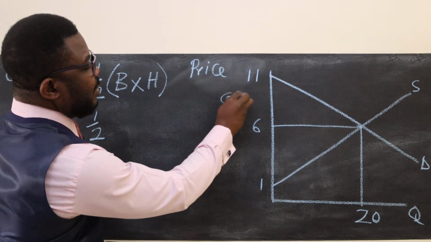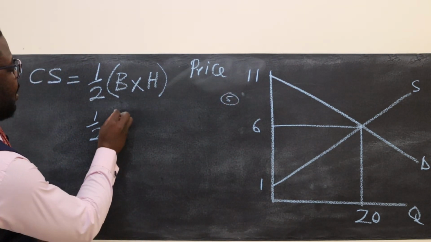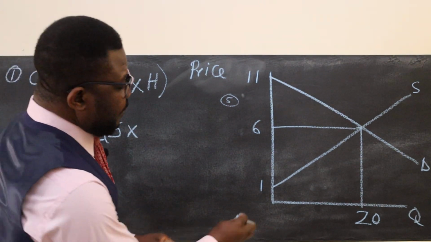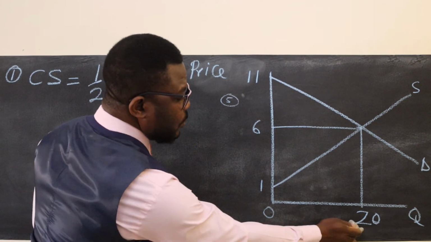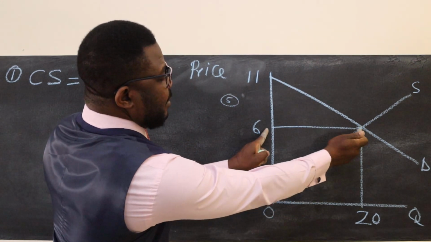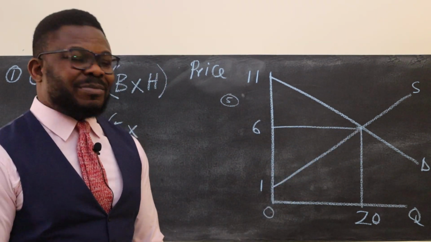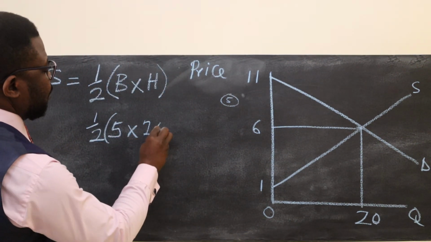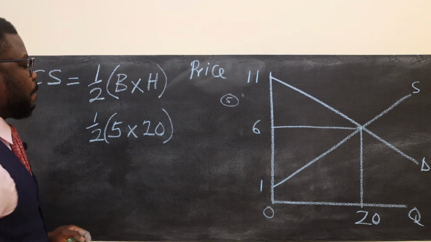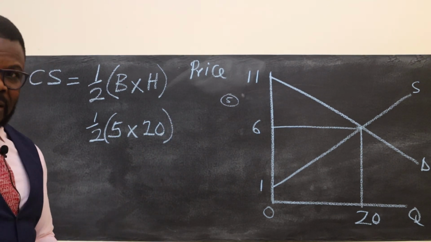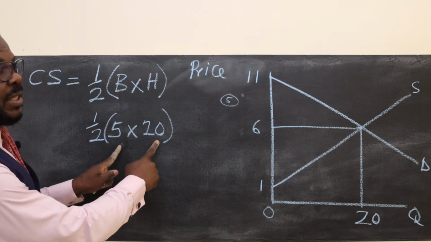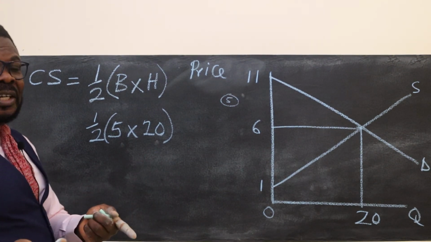I'm going to write the little 5 here. So put the 5 in here, times the height. Well, from 0 to 20, that is the height of your triangle. It's 20. So times 20. You put all your numbers in the formula, and it becomes easier now. 5 times 20 is 100.